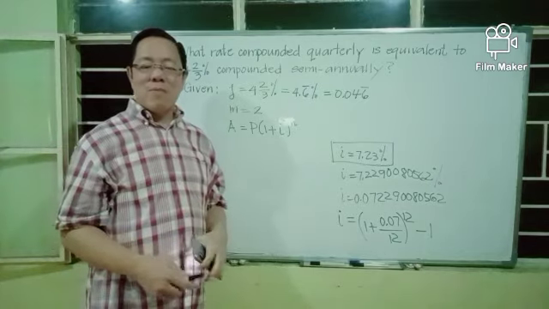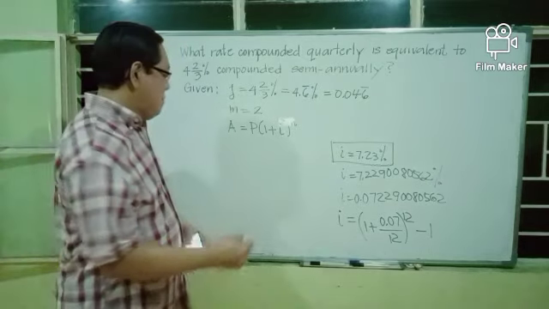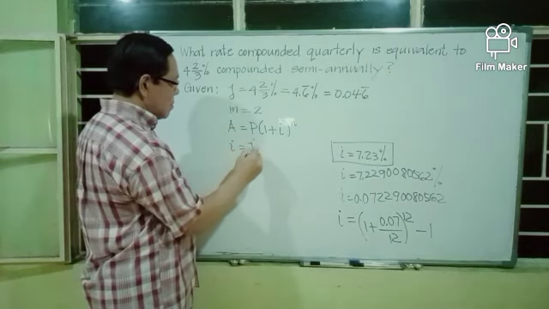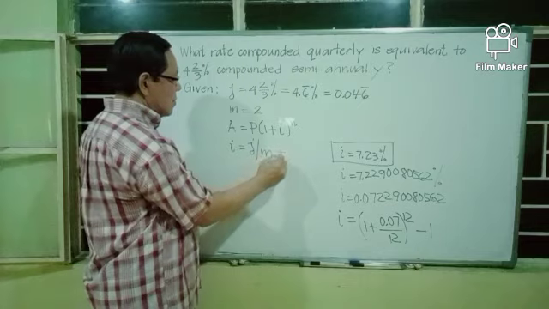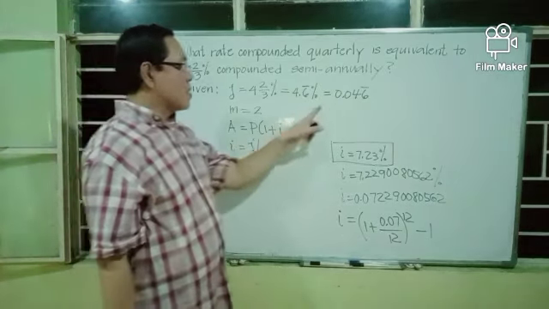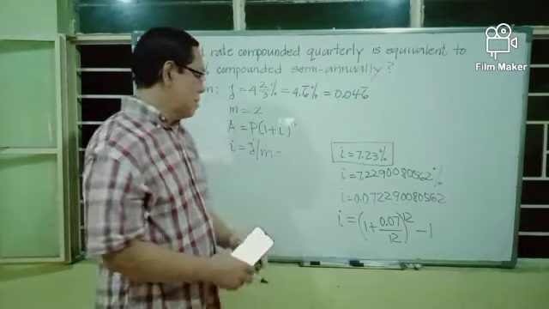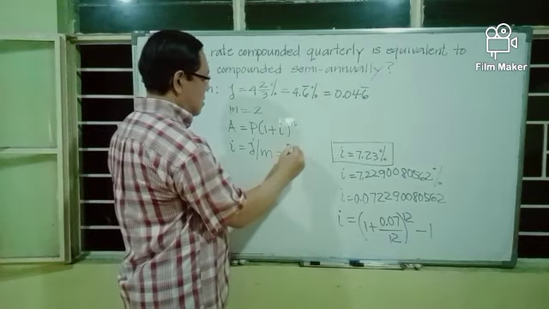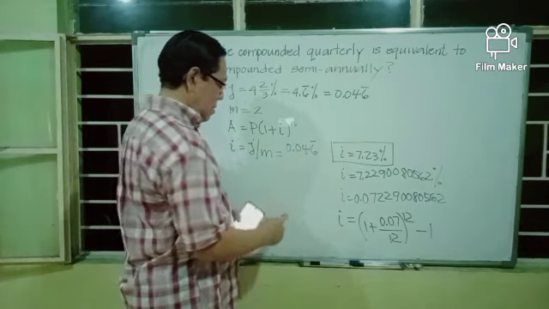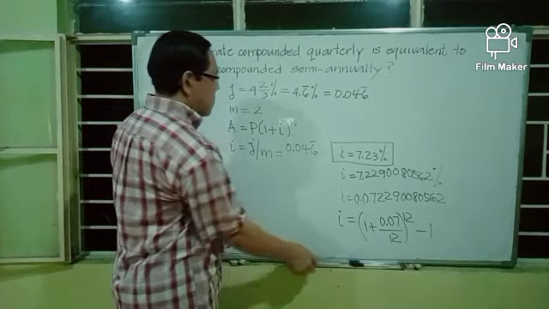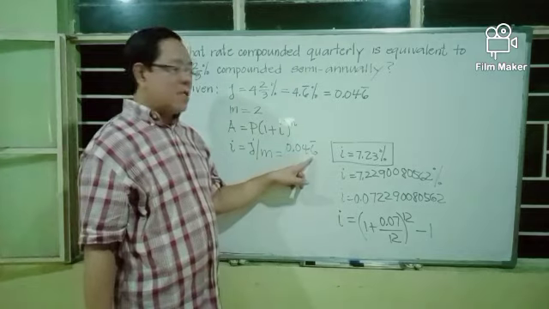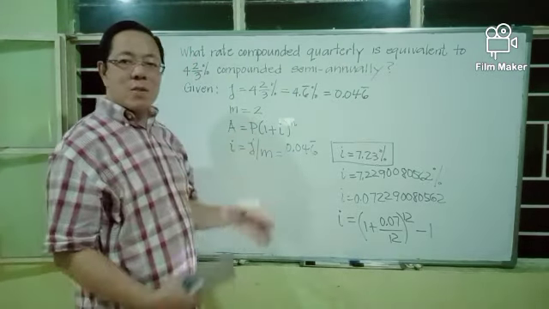And small I is given by J divided by M, where our J, the compound interest rate, is 0.046 bar, divided by M, which is 2.